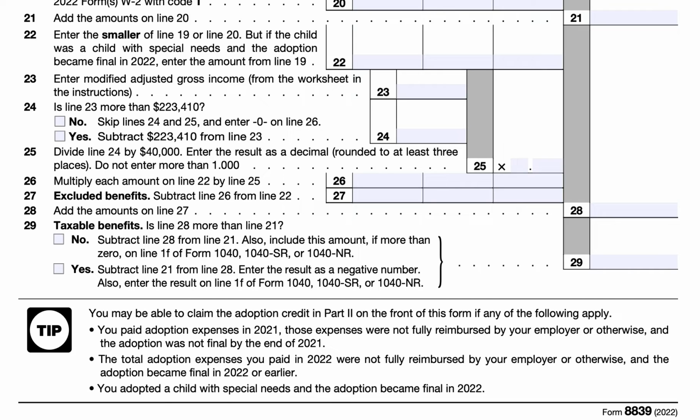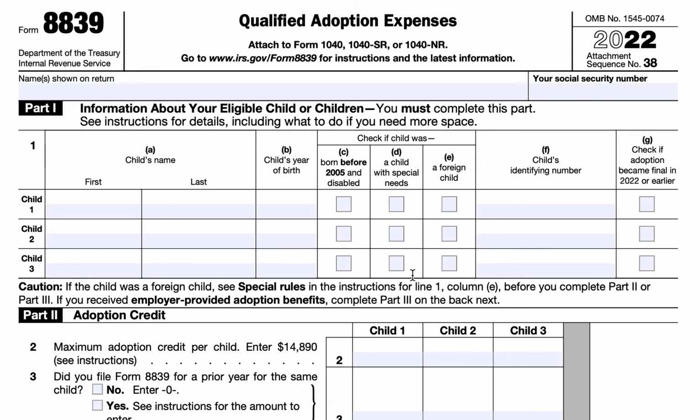If the total adoption expenses you paid in 2022 were not fully reimbursed and the adoption became final in 2022 or earlier, or finally, if you adopted a child with special needs and the adoption became final in the current tax year. This concludes our review of IRS Form 8839, Qualified Adoption Expenses.